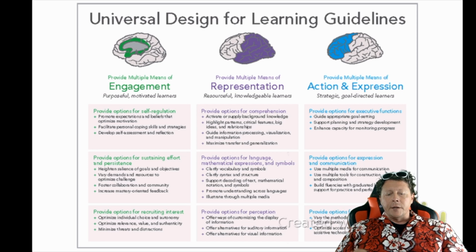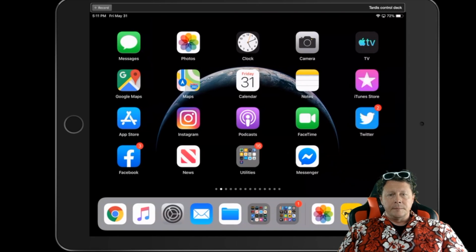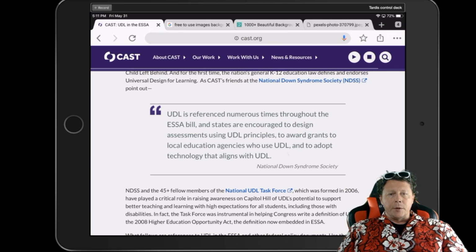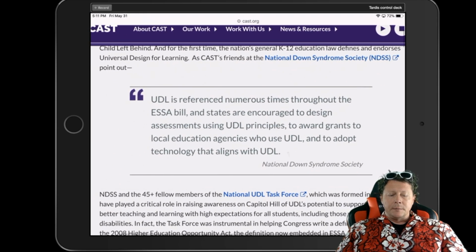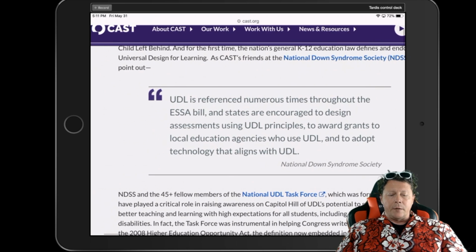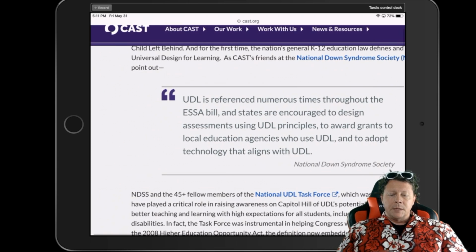The legal definition of Universal Design for Learning in the law, I'm going to pull it up from the CAST website, which again is the best place to learn about it. UDL is referenced many times in the law, and here is its definition.